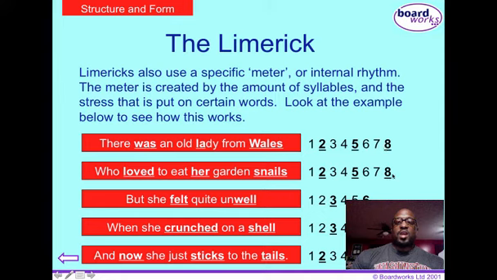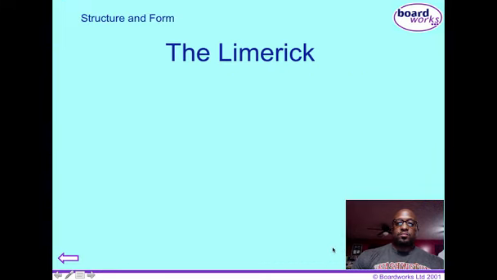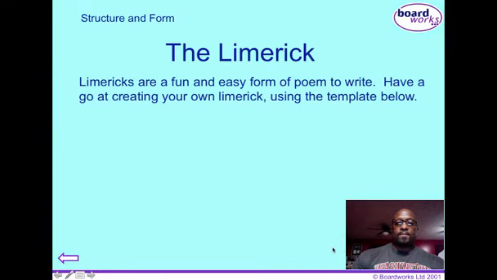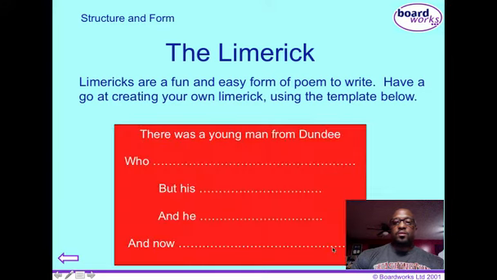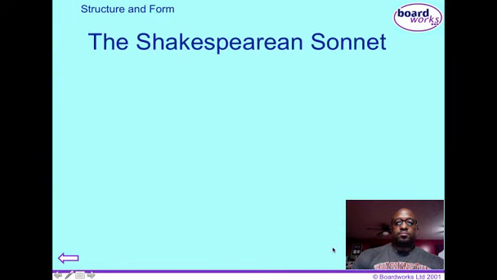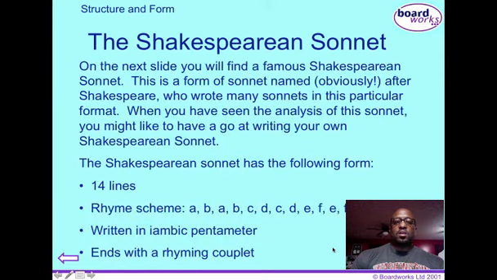So while they have the same rhyme scheme, they also have the same amount of syllables as well. All right. So they're supposed to be fun, easy to write. We're not going to write one here. But we'll look at the Shakespearean sonnet.